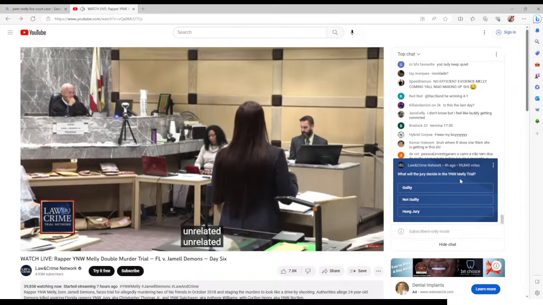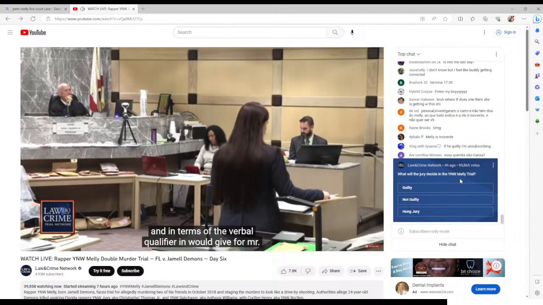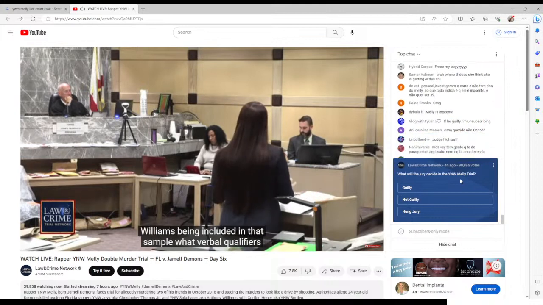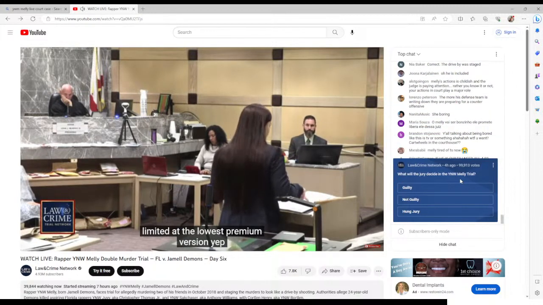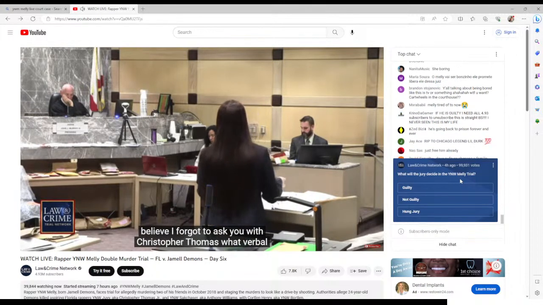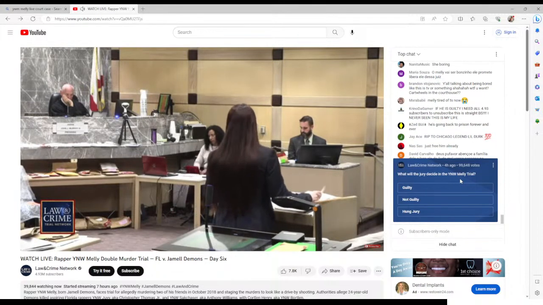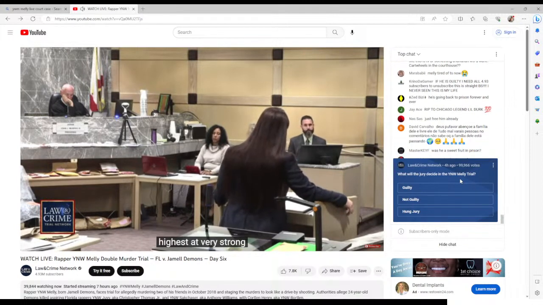And in terms of the verbal qualifier that you would give for Mr. Williams being included in that sample, what verbal qualifier would you give? Limited support for inclusion. Is that the lowest for inclusion? Yes. Okay. I believe I forgot to ask you with Christopher Thomas, what verbal qualifier would you give if he is included on that? It is the highest, at very strong support.